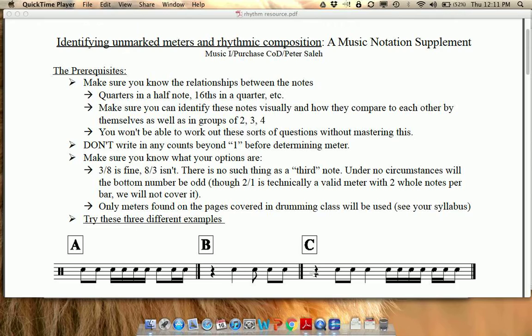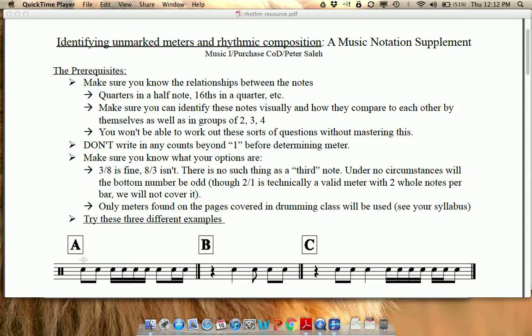Okay. In terms of writing counts, until you know what the meter itself is, don't write anything besides 1. And 1 goes at the beginning of the measure. It's kind of like the first house on a street has to be, the address, if we're being logical about it, the address is 1.